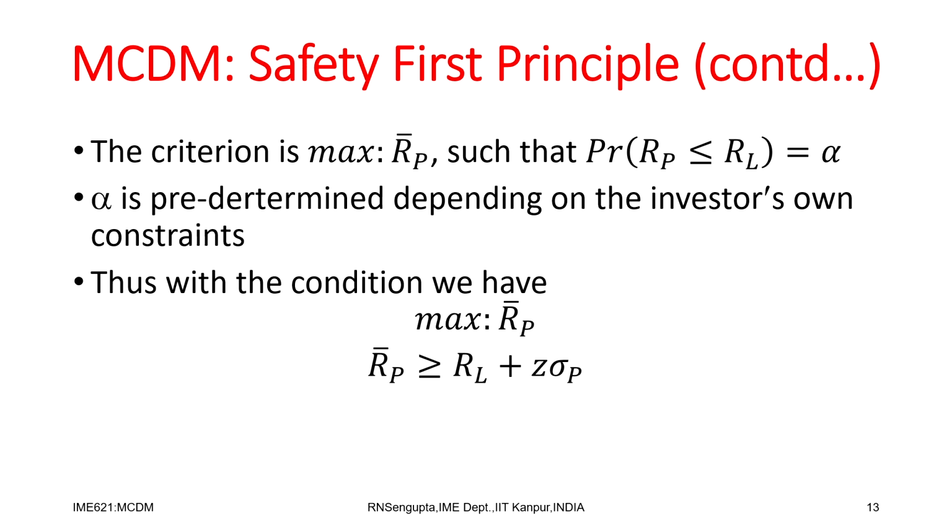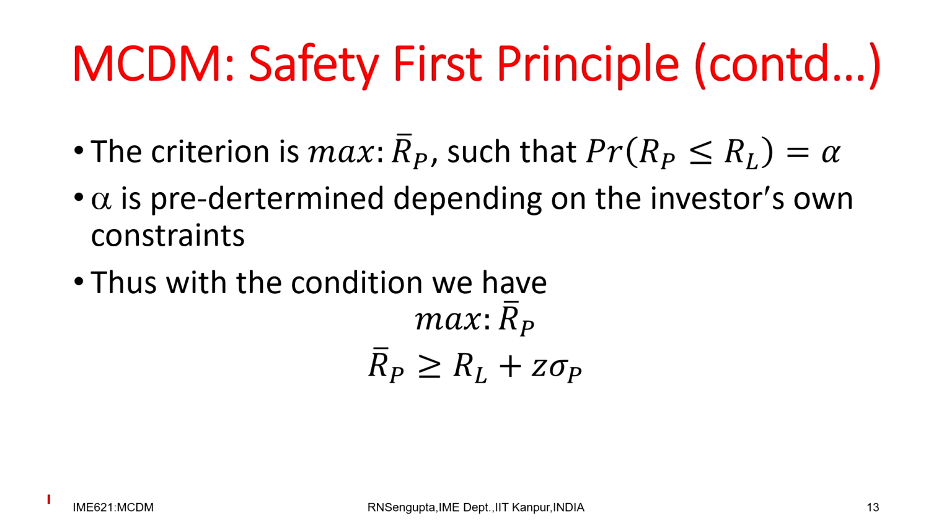Now, coming back to the criterion, maximization of RP bar, which was the third safety first principle, the same concepts of the constraints which were there in the second safety first principle are replicated here also. But in the second criterion it was maximization of RL, in the third criterion it is maximization of RP bar.